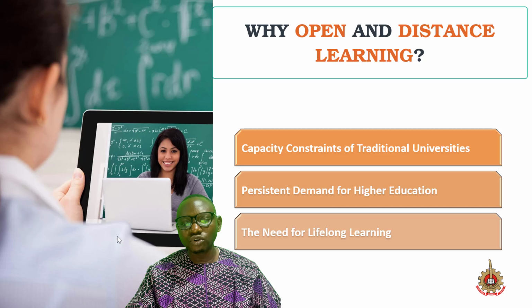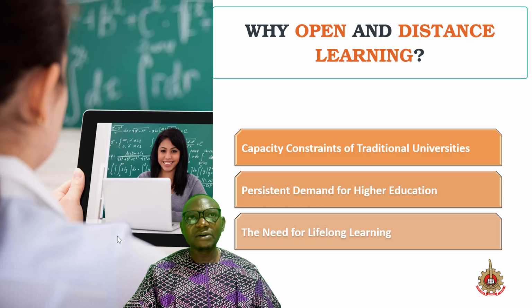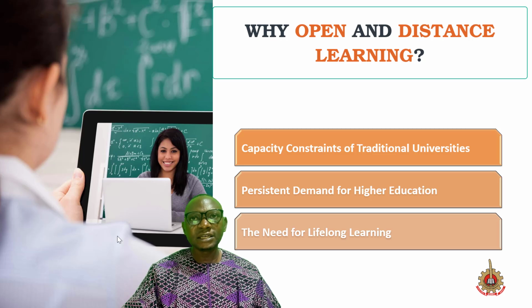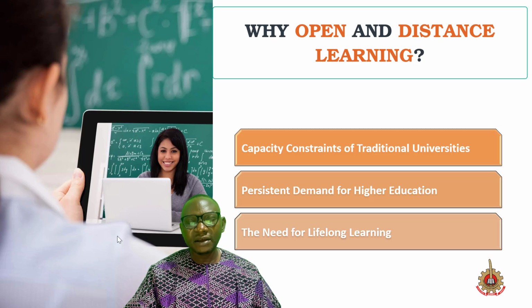But in order not to deny them their right to education, because they are qualified and have everything that is needed to proceed to higher education, open and distance learning became established.